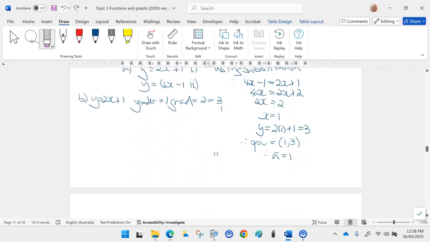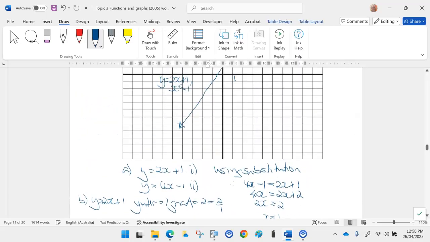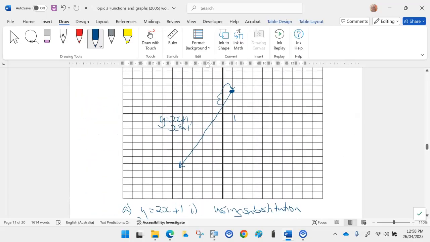What about the other bit? So the other function, the other linear function, is y is equal to 4x minus 1. So it would have a y-intercept of negative 1. It would have a gradient of 4, which would look better as 4 over 1. Let's graph that. So this time we start at negative 1 on the y-axis. We're going to go up by 4 and 1 across. So that is 1, 2, 3, 4, and 1 across.